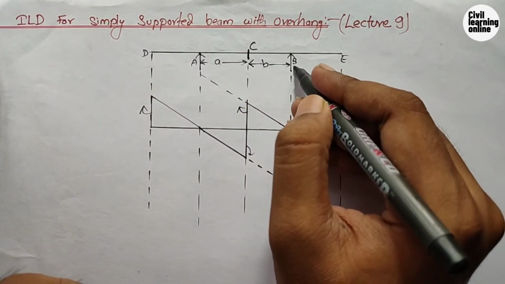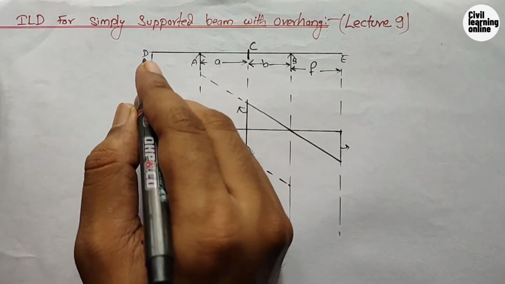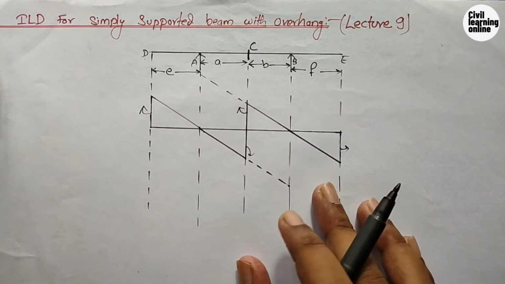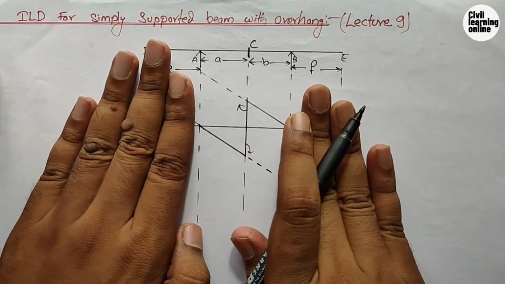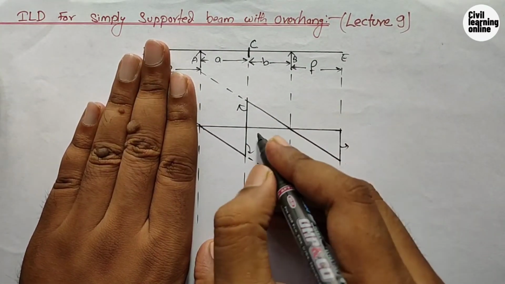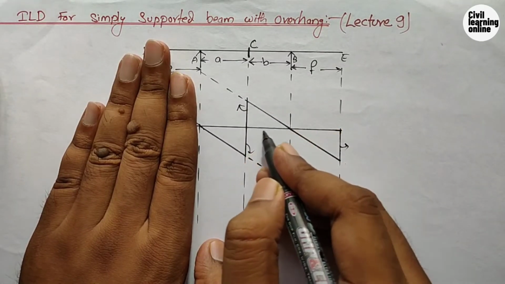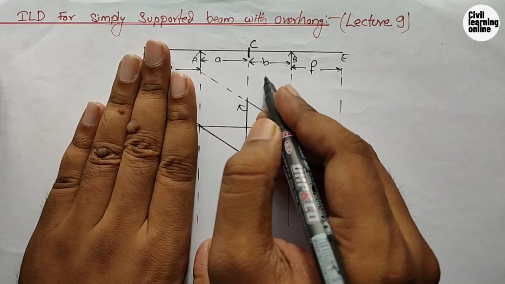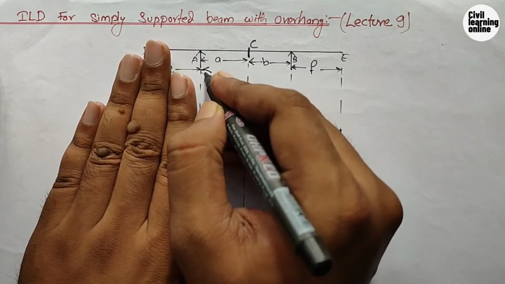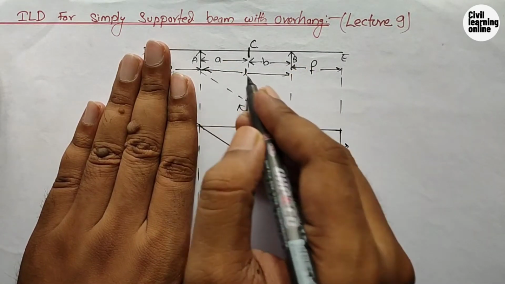Similarly, let the span BE be denoted by f and span DA be denoted by e. So now forget these two and watch up to this portion. We will have the ordinate of this line as b upon the whole span, and the whole span AB is L.